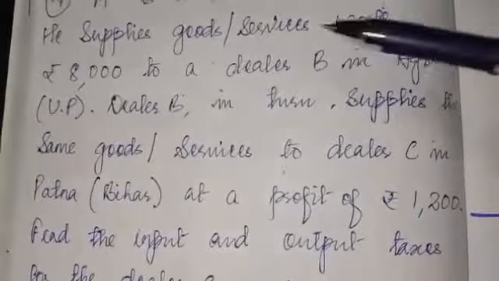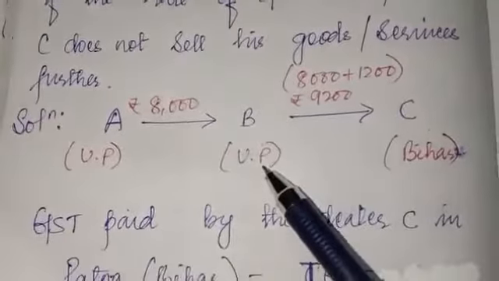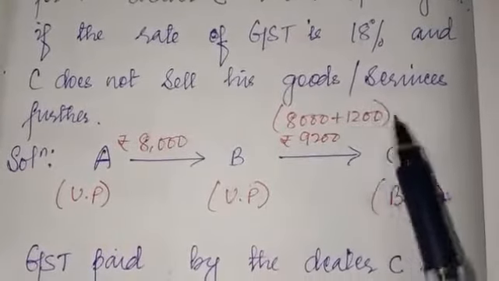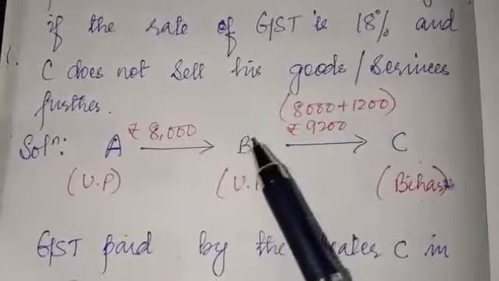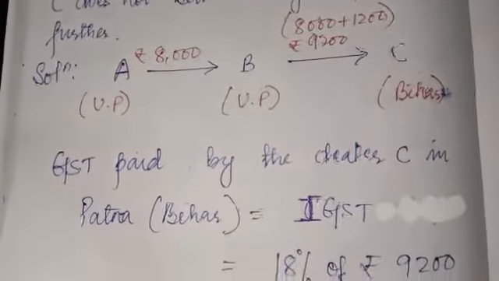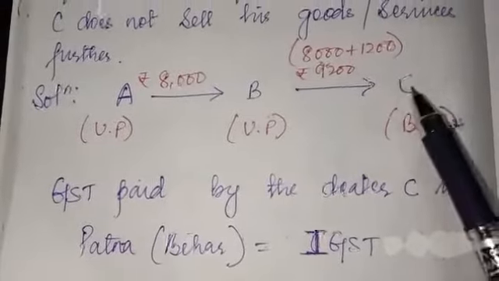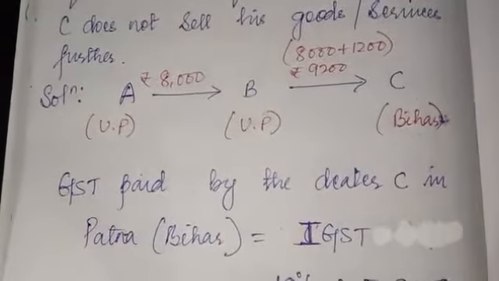First we will make the format, A to B, B to C. A is in UP, B is in UP, but C is in Bihar. So A is selling at 8,000, B is buying at 8,000, but B is keeping a profit of 1,200. So at the price of 9,200, the dealer B is selling to C. Here we have to find the input and output tax for C. For C, the cost price is 9,200, and the selling price is 0 since he is not selling.